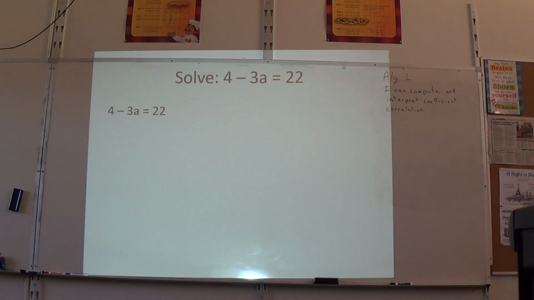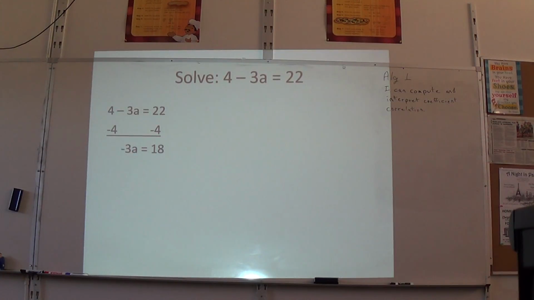AJ, subtract 4 from 22. You're subtracting 4 from both sides, because you're going to subtract it from the 4 and from the 22, which is going to leave you with negative 3a equals 18.